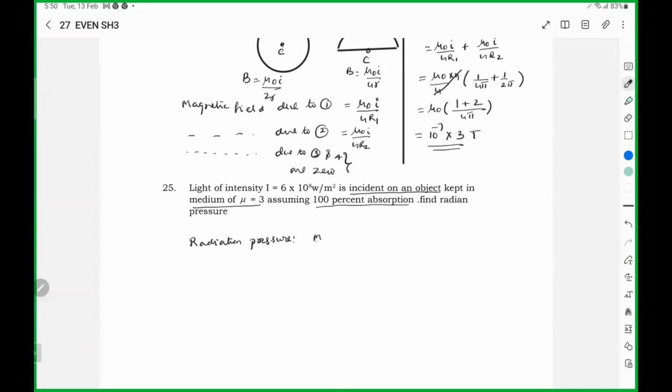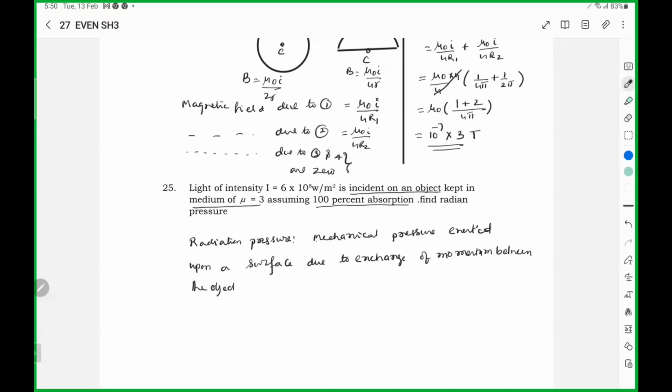That is mechanical pressure exerted upon a surface due to exchange of momentum between the object and electromagnetic field.